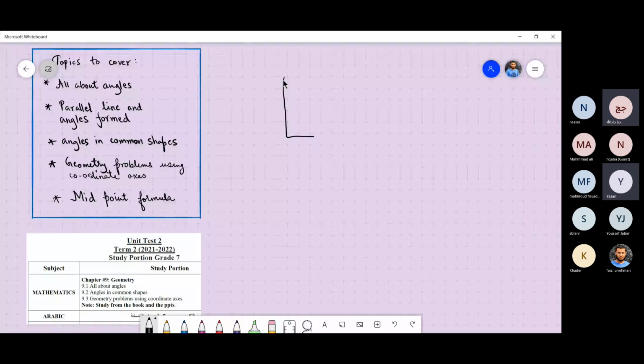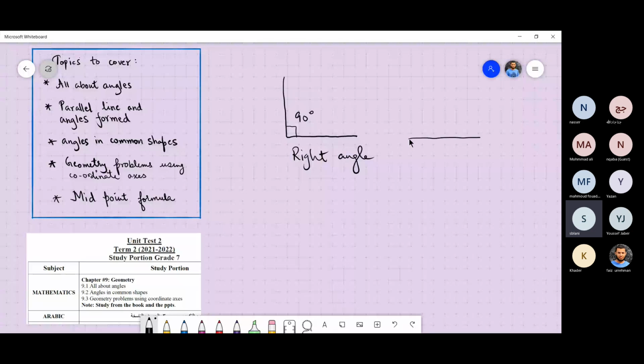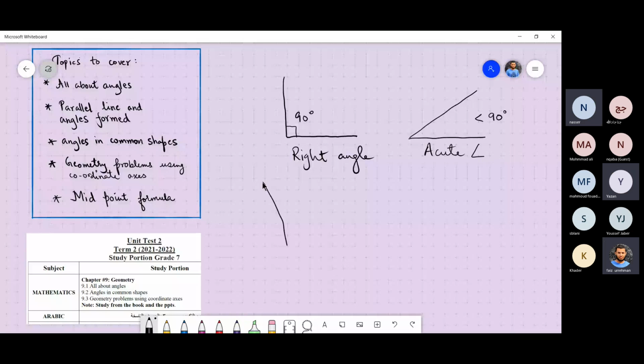If it is less than 90 degrees, what will be the name? Acute angle. And if it is more than 90 degrees? Obtuse angle. It is greater than 90 degrees.